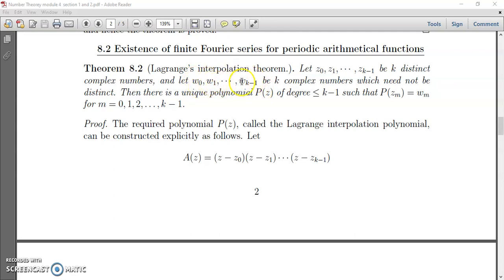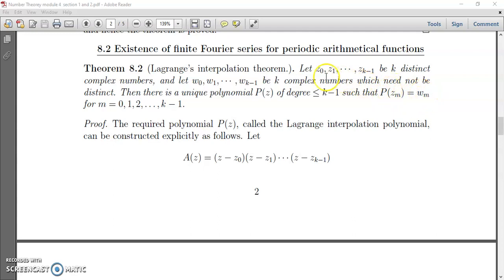That means some may be identical, and we can find a unique polynomial p of z of degree less than or equal to k minus 1 such that p of zm is equal to wm.